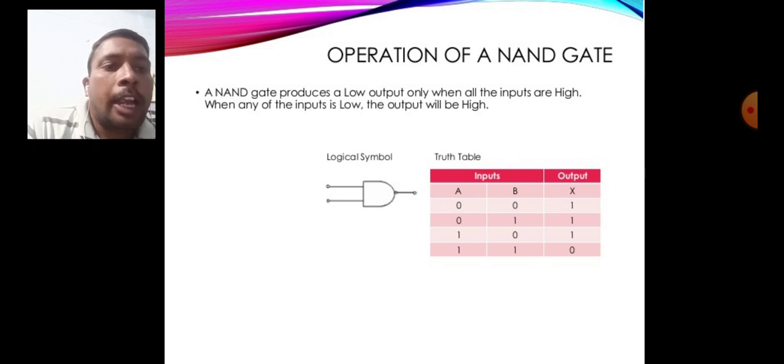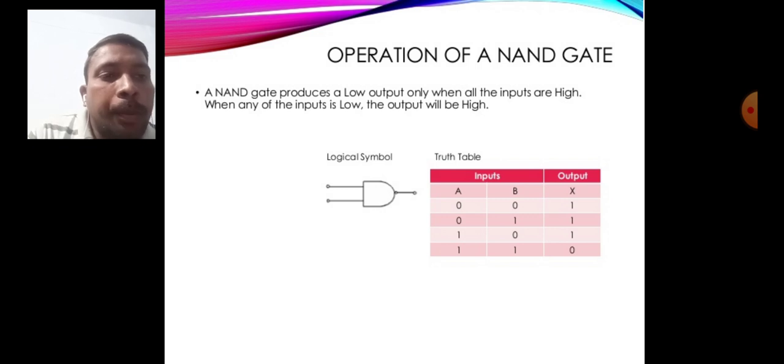A is 0 and B is 0. That means if both inputs are low, the output will be high. A is 0, B is 1: one input is low and the second is high, and the output is also high. In the third condition, A is high and B is 0, the output is high.